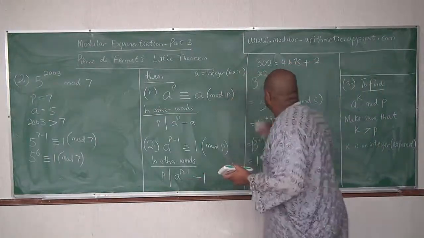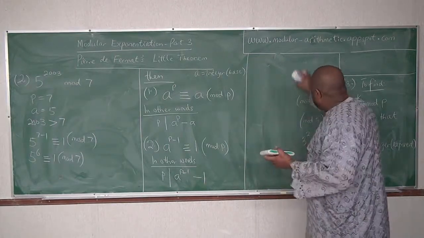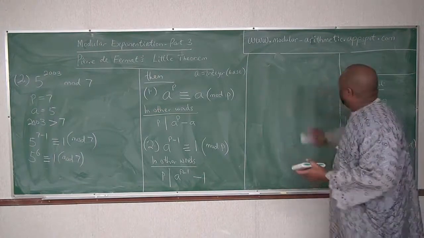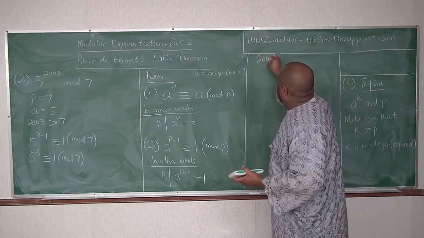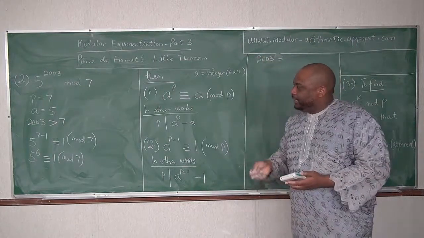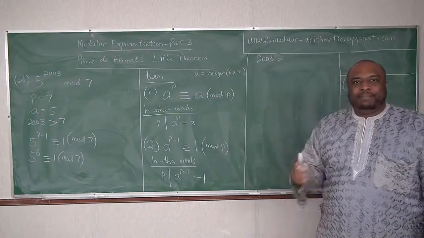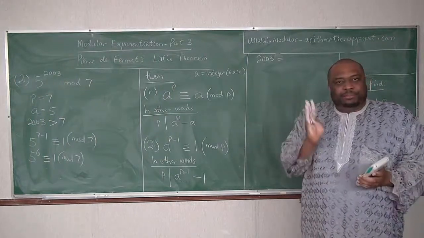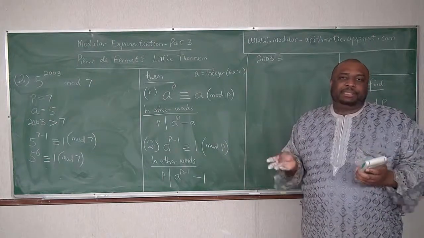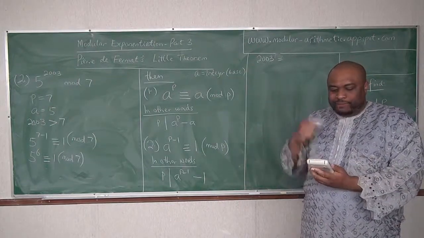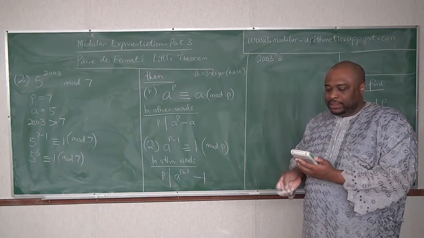We want to make 2003 up in multiples of 5 exponent 6, so we can find the exponent of that. So 2003 divided by 6 is 333.